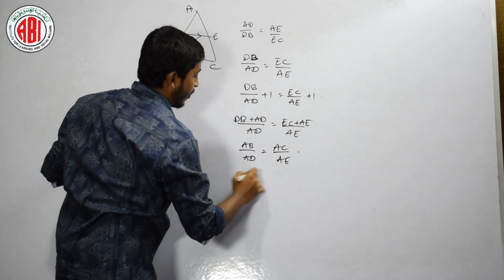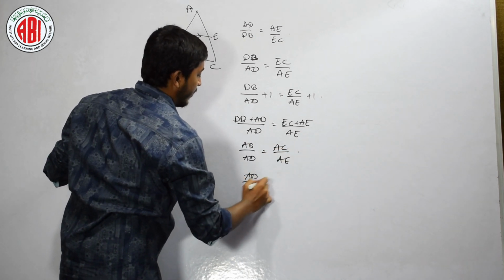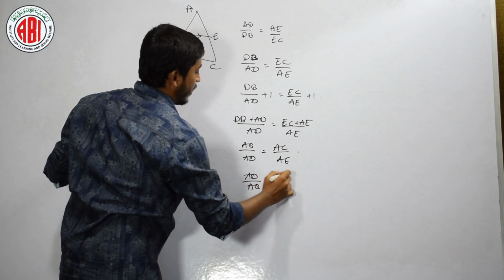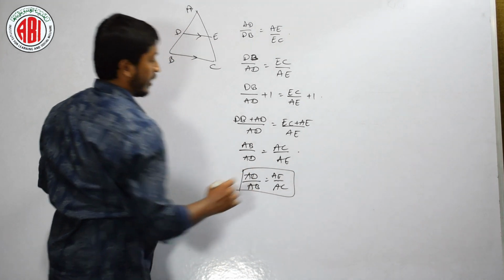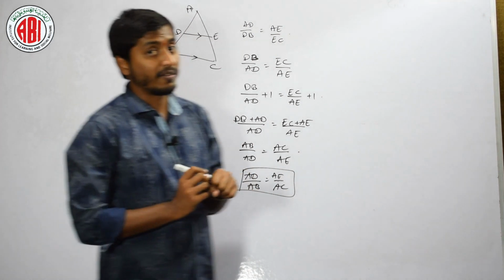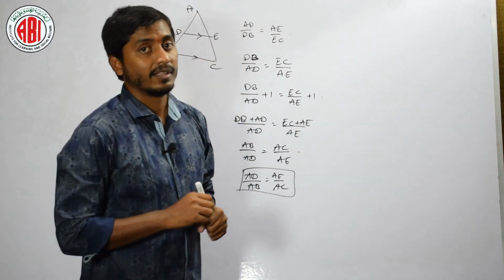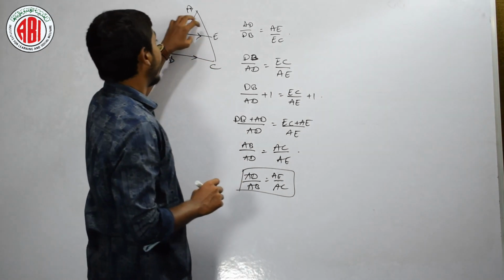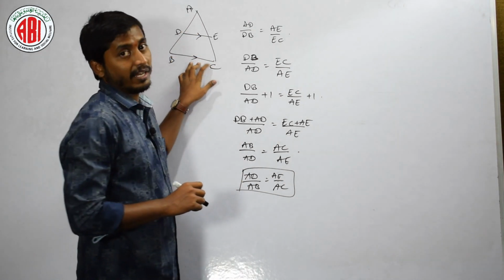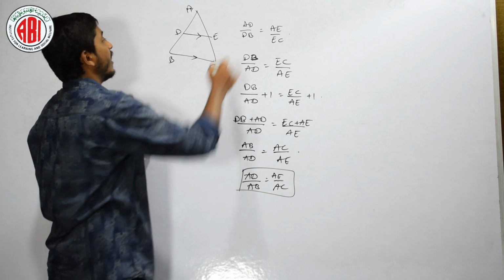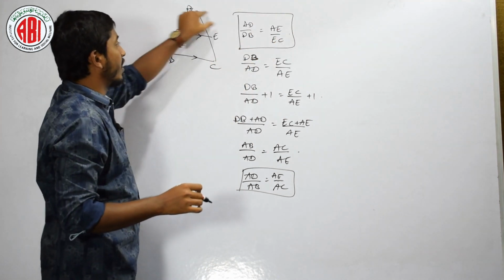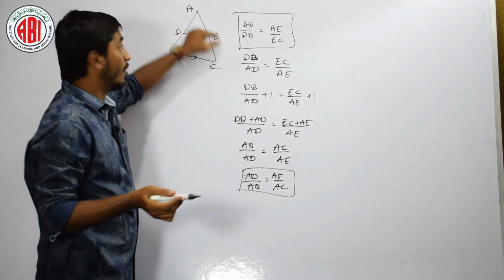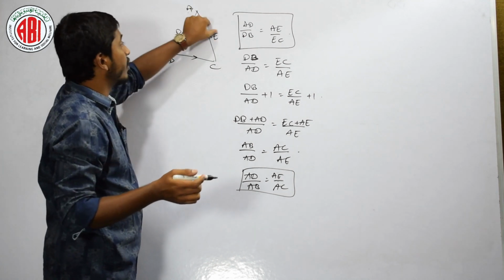If we again take the reciprocal, this will become AD by AB is equal to AE by AC. Is it clear? What do we have to remember from the basic proportionality theorem? If a line is drawn parallel to one side, then the two conditions are AD by DB is equal to AE by EC, but also AD by AB is equal to AE by AC.